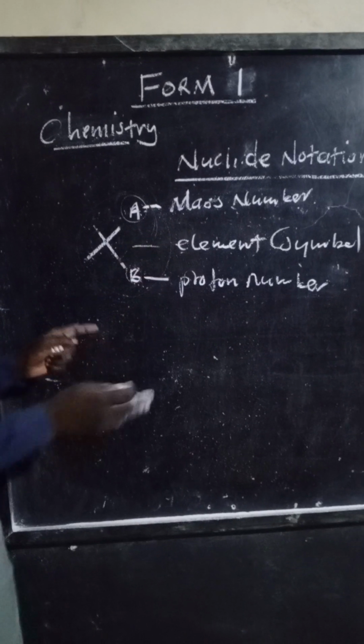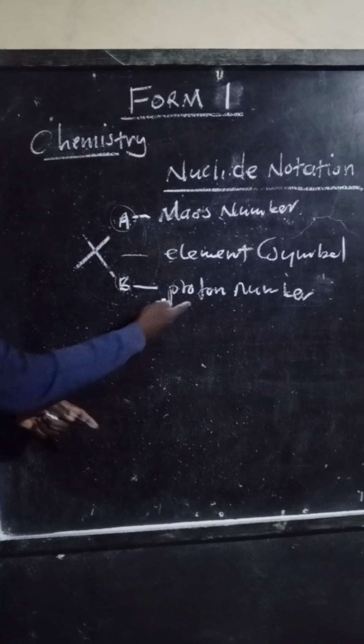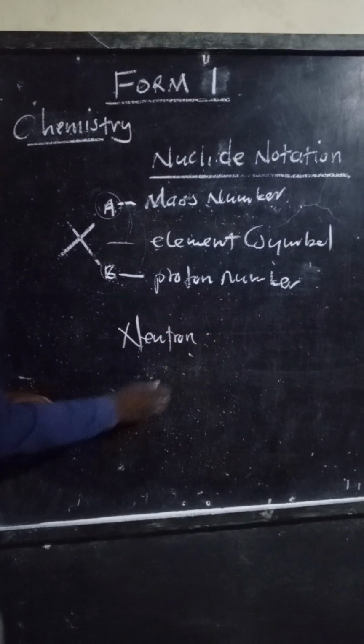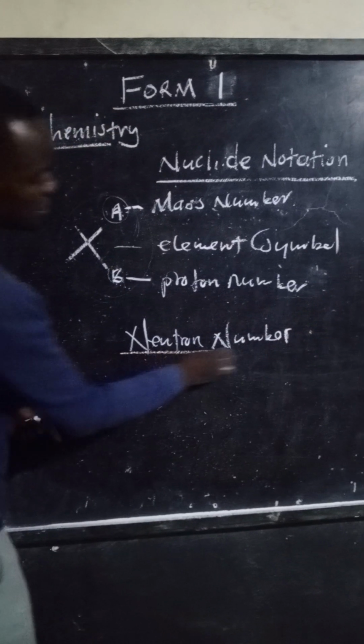Now let's try to understand these parts. For us to understand mass number, also the proton number, we need to start from what we call the neutron number first. Now what is this neutron number?